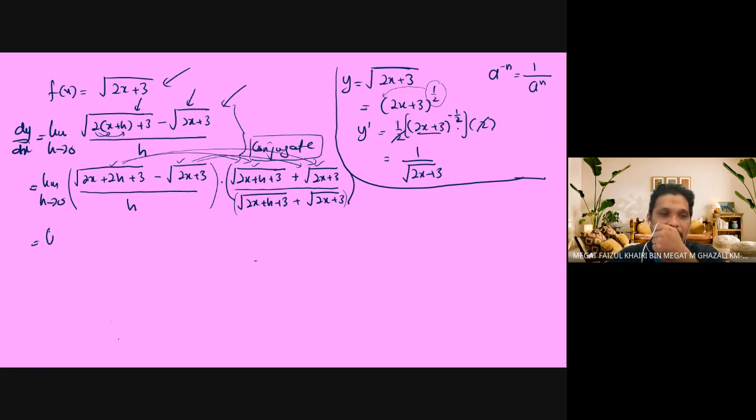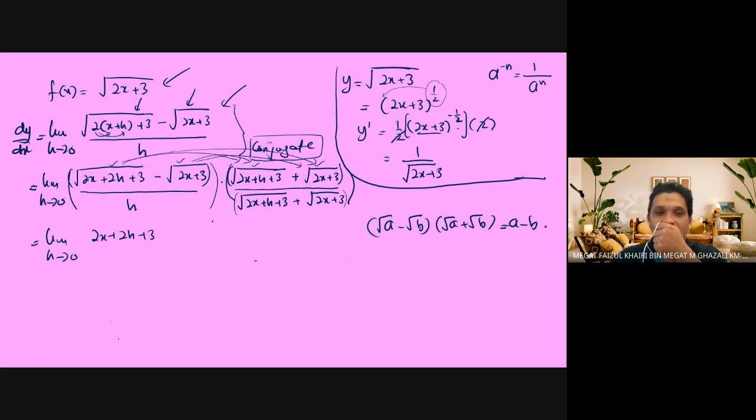So now, limit of h approaching 0, square root of (2x + h + 3) times square root of (2x + h + 3) equals 2x + 2h + 3. And because this and this are conjugates, the conjugate of this will give you square root of a minus square root of b and square root of a plus square root of b equals a minus b. So then we can simply ignore the rest of the process.